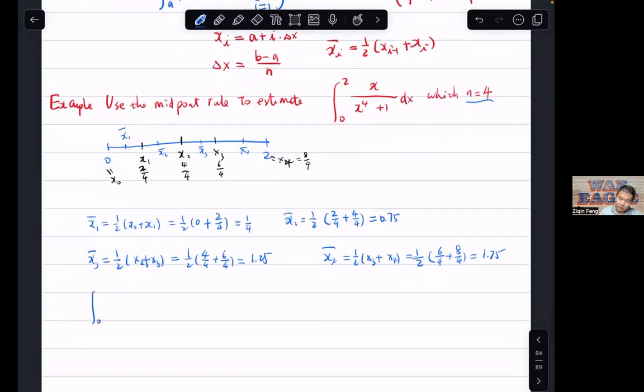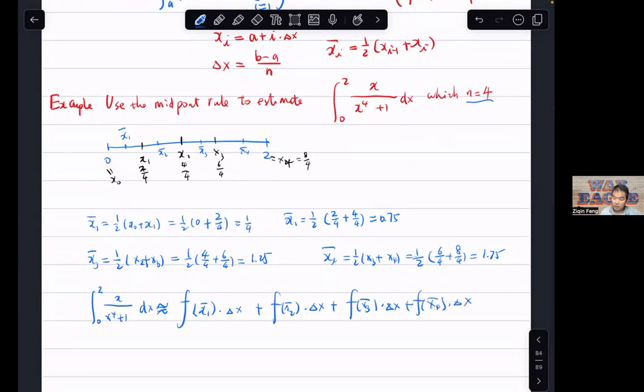So the integral from 0 to 2 of x over (x to the 4 plus 1) dx can be approximated by f of x1 bar times delta x plus f of x2 bar times delta x plus f of x3 bar times delta x plus f of x4 bar times delta x.